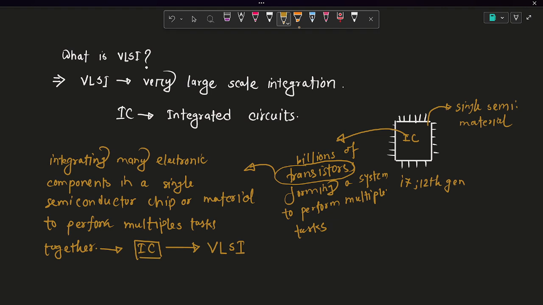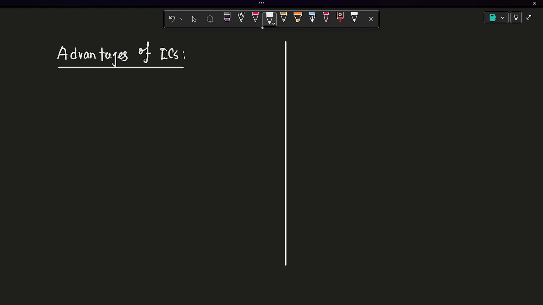Why do we need this? Why do we need this integration, or the making of electronic circuits or ICs? So the question arises, what are the advantages of ICs? We have some very small disadvantages as well, which can be ignored because the advantages are much greater.